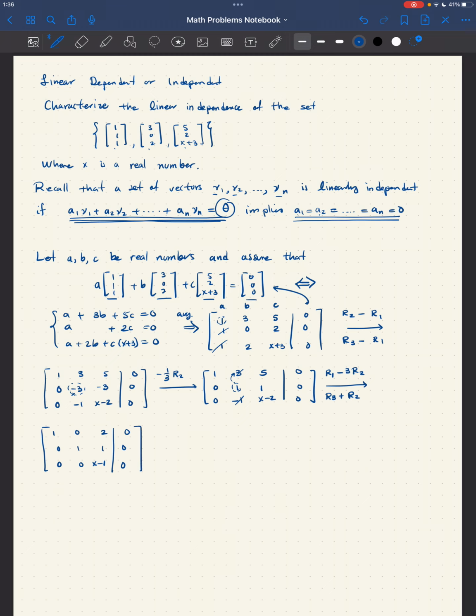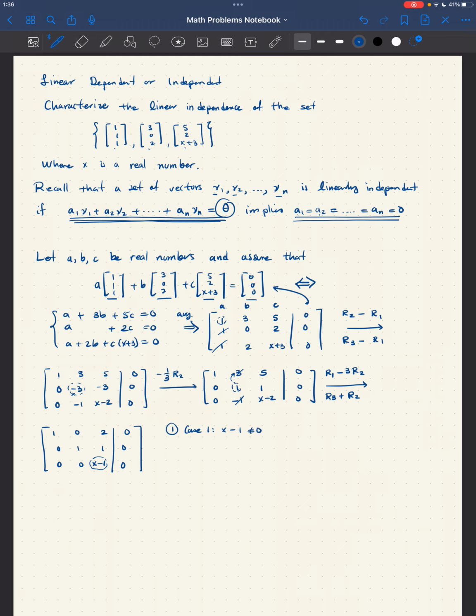Now it's time to interpret things, because we arrive at this point where we have our parameter. Two possibilities: either x minus 1 is 0 or it is not. Let's examine the latter first. Case number 1: x minus 1 is different from 0.